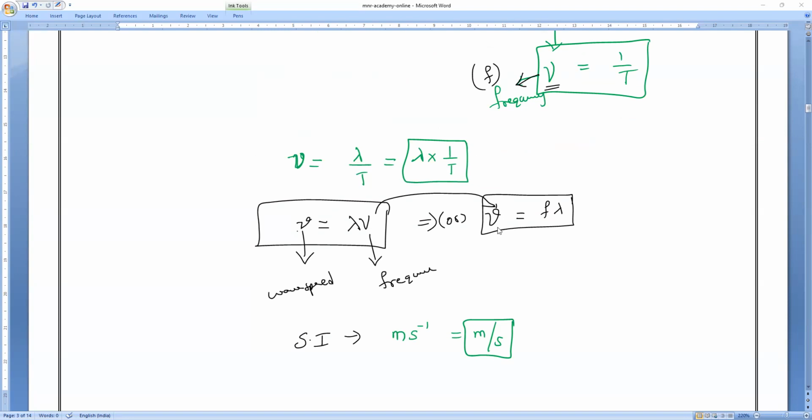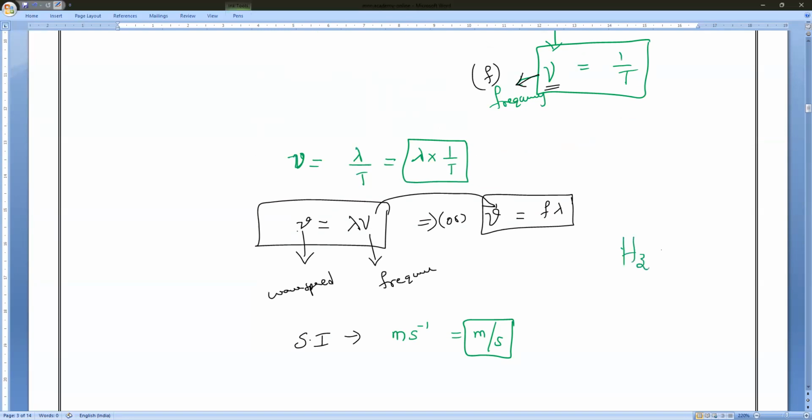Hertz means second inverse. Second inverse, or else you can take it from this.